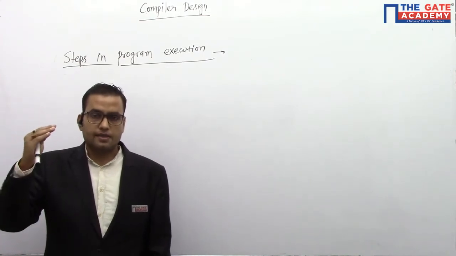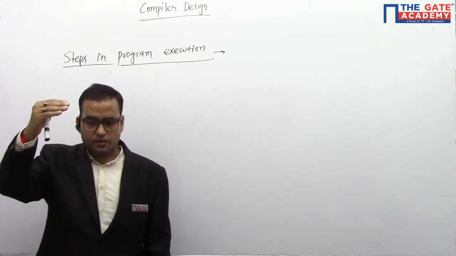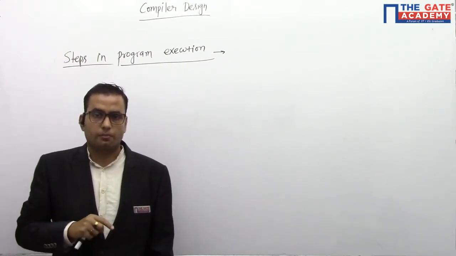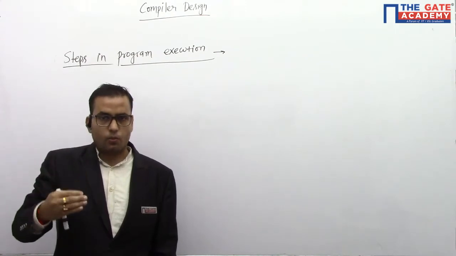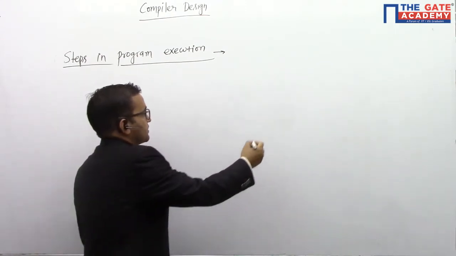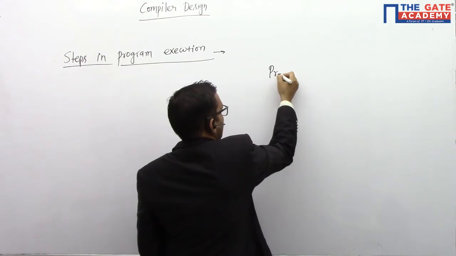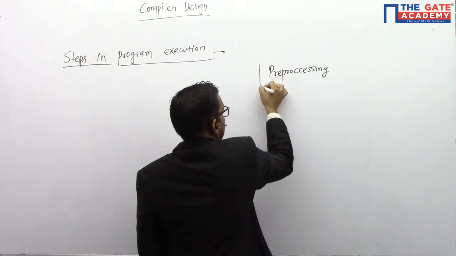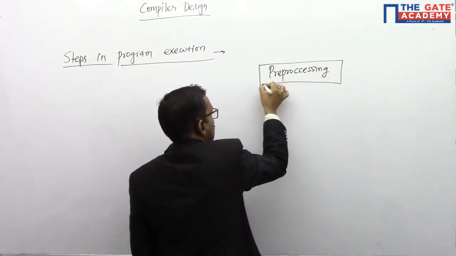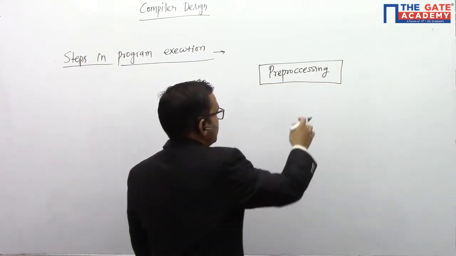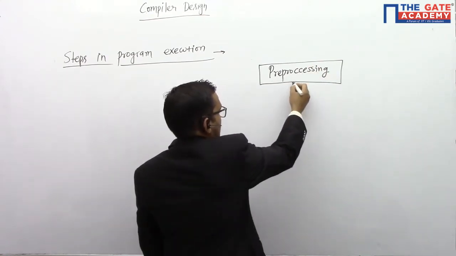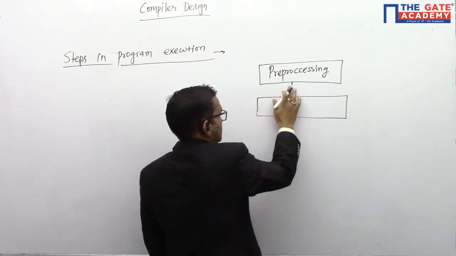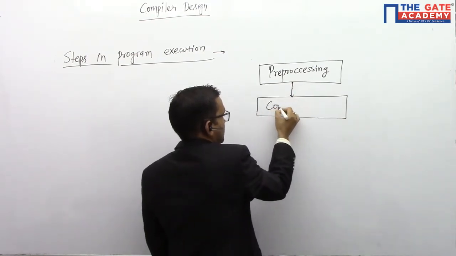Now, there are certain steps by which computer performs instructions. If you say program is in execution, it means the computer is performing some steps. What are they? So just write down. First step is pre-processing. Next is compilation.